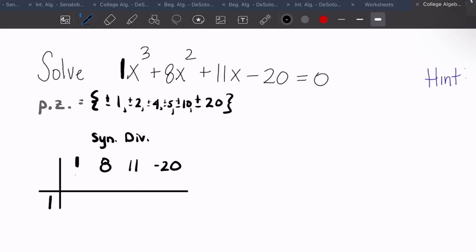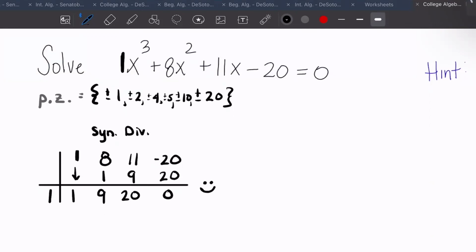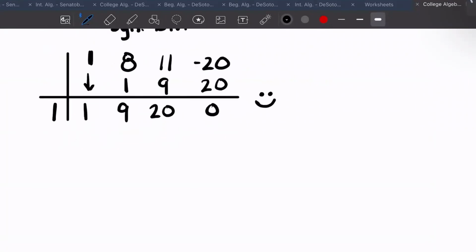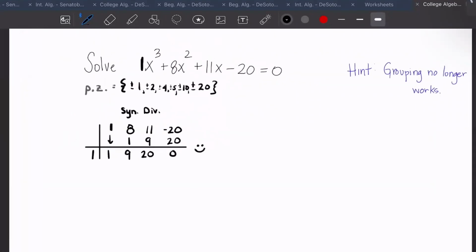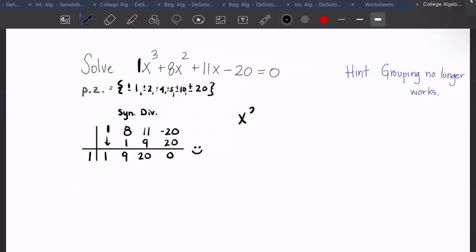So 1, 1, 9, 9, 20, 20, 0. That one was a little nicer to us than the last one. We got a remainder of 0. So our new polynomial is x squared plus 9x plus 20 equals 0.